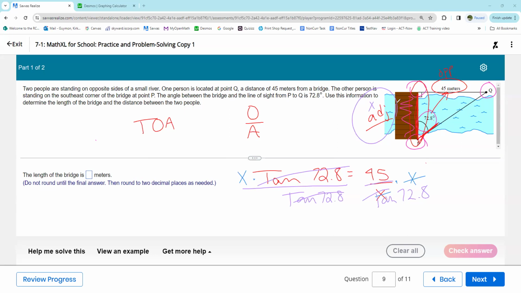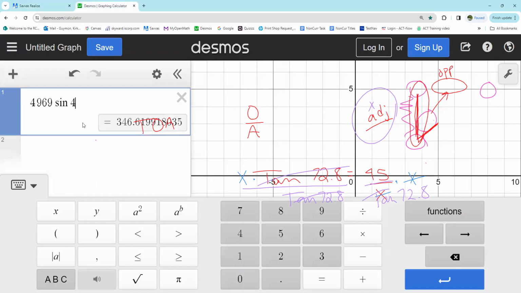And so let's go put that into Desmos and have it tell us how far it is across that bridge. Here we go. I've got the 45 divided by the tangent of the 72.8.